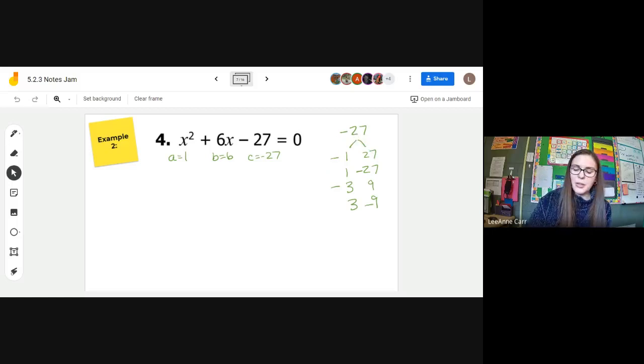I know that all of these numbers multiply to -27. Nevaeh, all these numbers multiply to -27. What do they have to add to, though? Sorry, I dropped my pen. What do they have to add to, Nevaeh? What am I looking for them to add to?